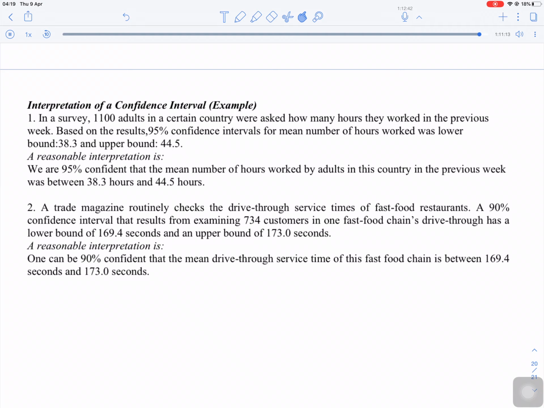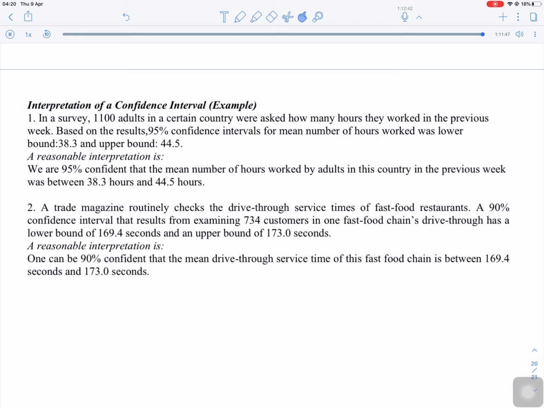But a faster way is just to say we are 95% confident that the population mean falls between 38.3 hours and 44.5 hours. In this case, we are using the wording of the question, so we say we are 95% confident that the mean number of hours worked by adults in this country, because that is our population, in the previous week was between 38.3 hours and 44.5 hours.